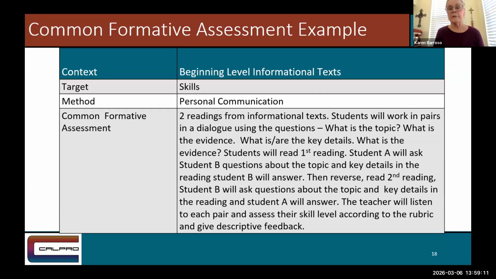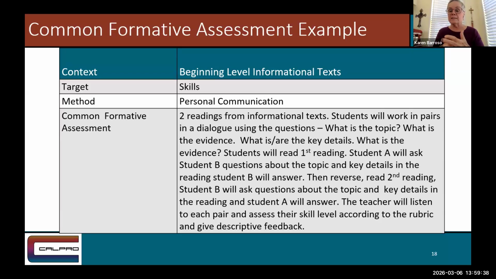This is an example of a beginning level. The target was the skills of personal communication, and it's really a skill in reading. And they're going to read 2 informational texts. One student reads one, another student reads the other, and then they exchange these questions. What is the topic?